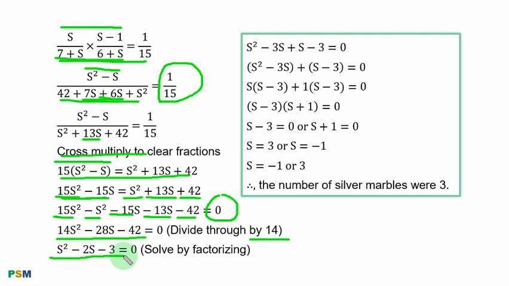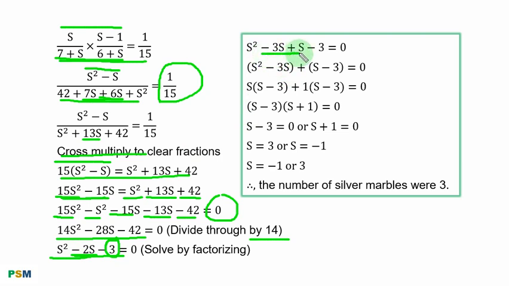You look for 2 factors of 3 that will give you minus 2 when you add, and minus 3 when you multiply. Such factors are minus 3 and plus 1, which you write in terms of s and replace the middle term with them in this form.